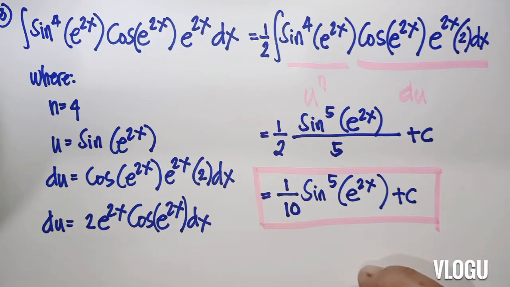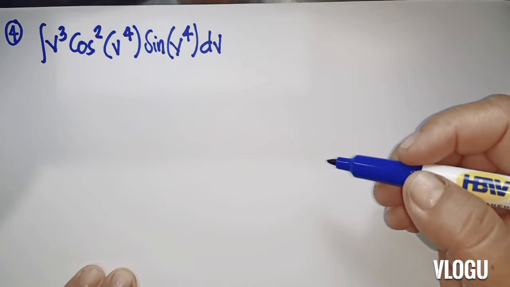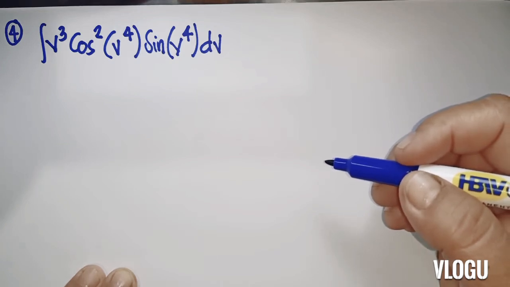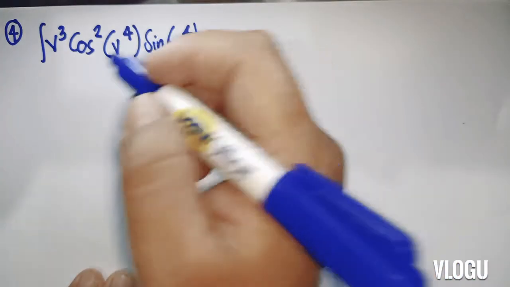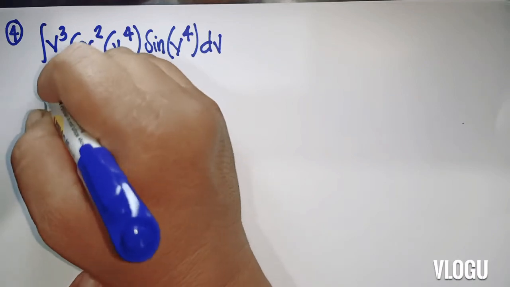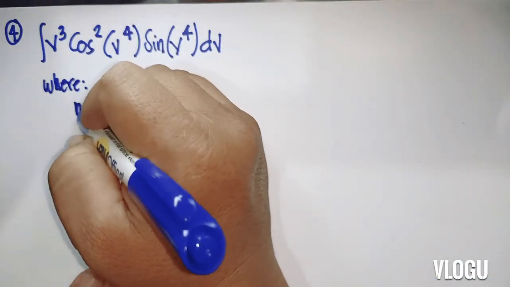So that is our example. We have the integral of b cubed cosine squared b fourth sine b fourth db. Okay, so we will have n equal to positive 2.